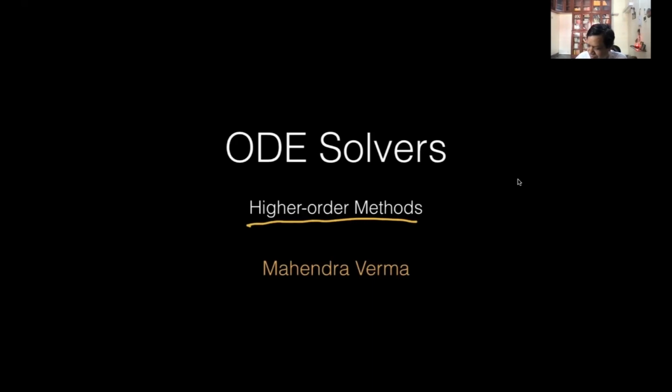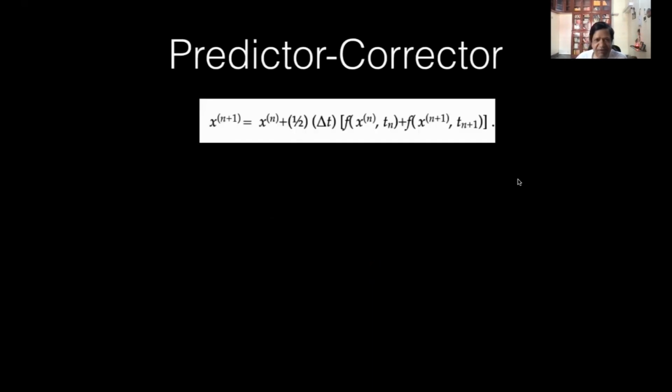Okay, so let's look at higher order schemes. So remember, Euler forward or trapezoid is of this sort. So xn plus 1 is xn plus half delta t times f at xn and f at xn plus 1. Okay.